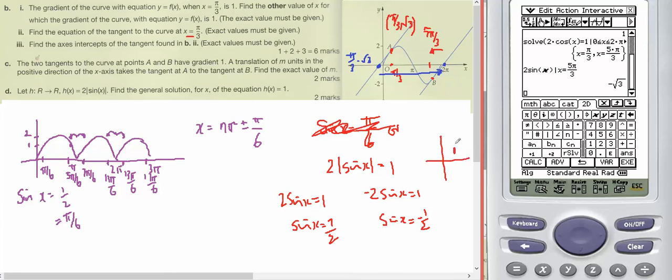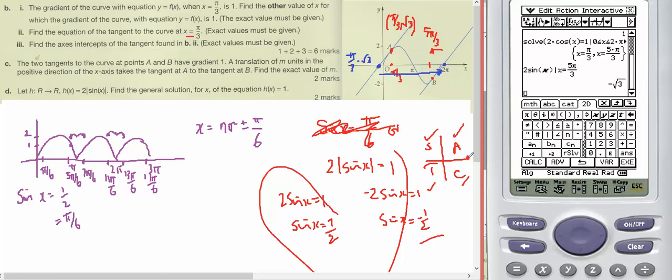Therefore, I'm looking for solutions when it's positive and when it's negative. I'm looking for all of the 0 and 2 pi plus or minus pi on 6 and pi plus or minus pi on 6. Therefore, I'm going to have this rule here.